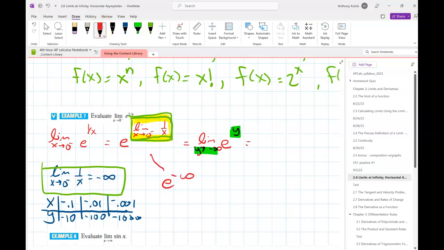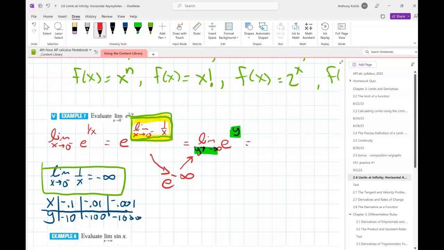So this is like that, but I can't write that, because I can't just plug negative infinities into things. That's not something we've ever done or you're ever allowed to do. Instead, we'll create a limit out of this. We'll just have y going to negative infinity for e to the y, and that's the same thing.